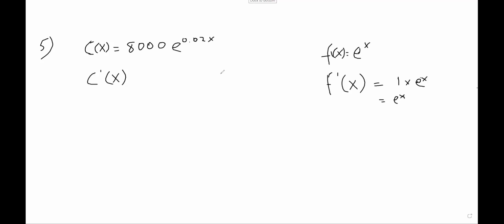To find the differential, we need to differentiate the power of e, so we differentiate the 0.02x. After differentiating that, we carry down the answer and multiply it by the original function that's already given. So all we're doing is finding the differential of the power and then multiplying it by the original function. Nothing too serious. The differential of the 0.02x is just going to be 0.02.